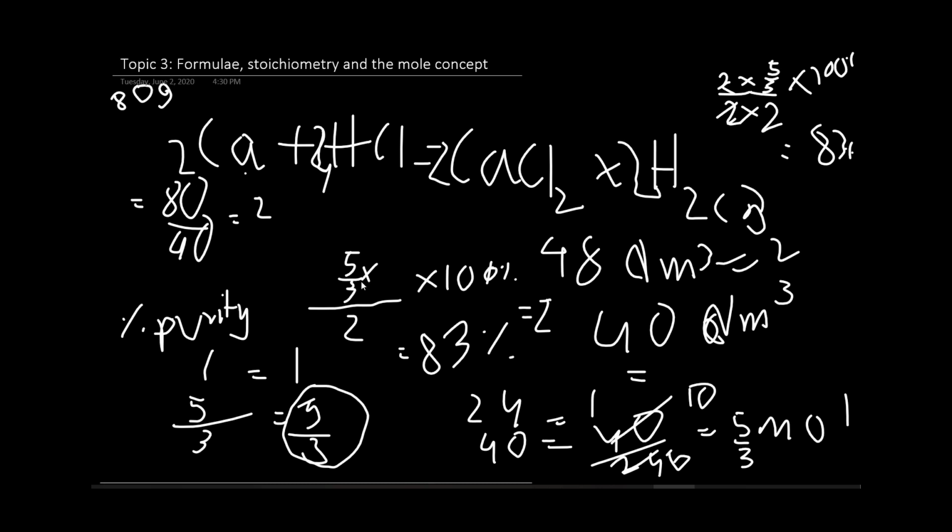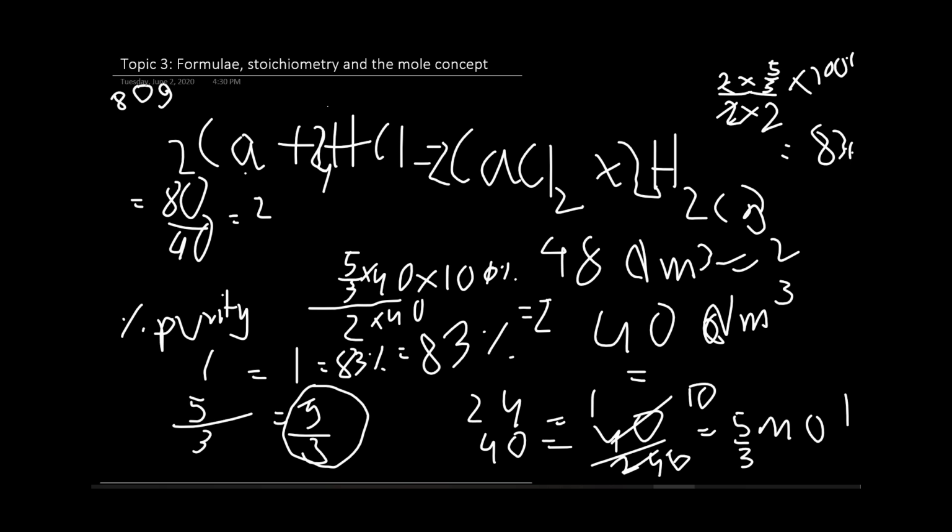For instance, the Mr is 40, and here it's 40, so we can eliminate both and actually end up with the same result, 83%. So this is our answer for percentage yield and percentage purity.